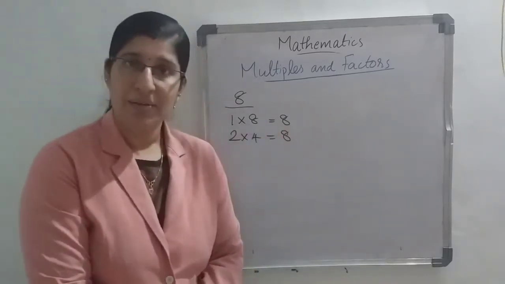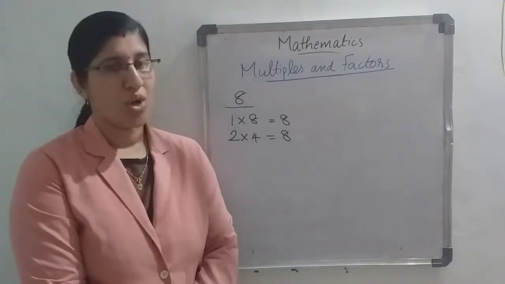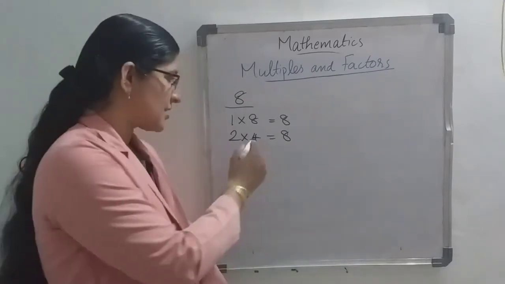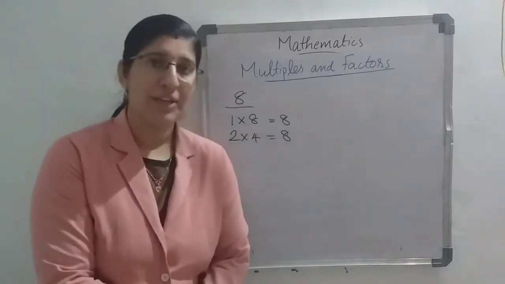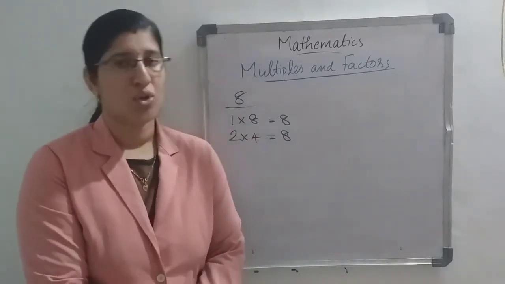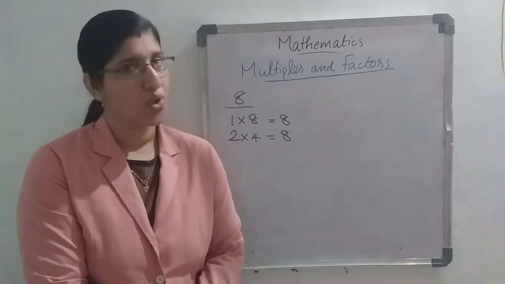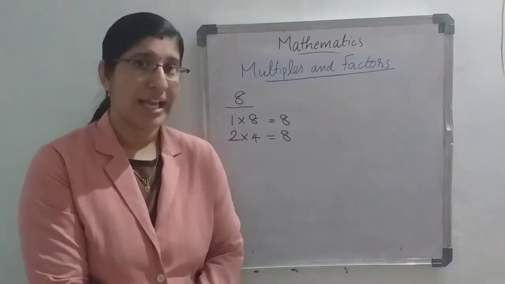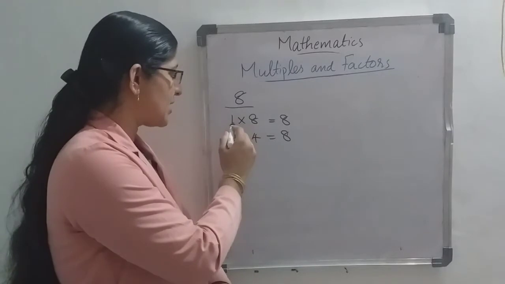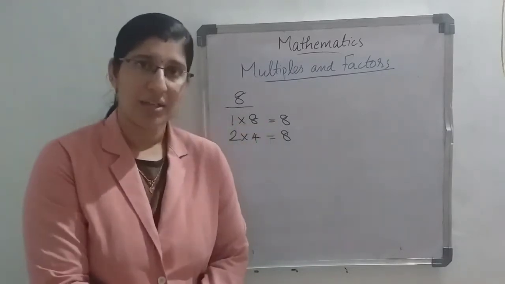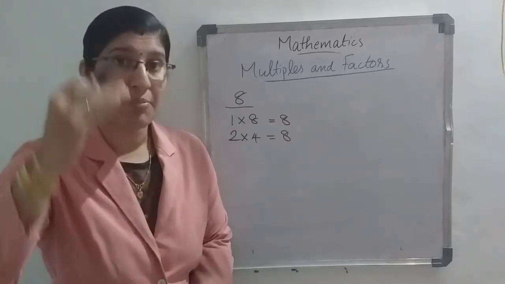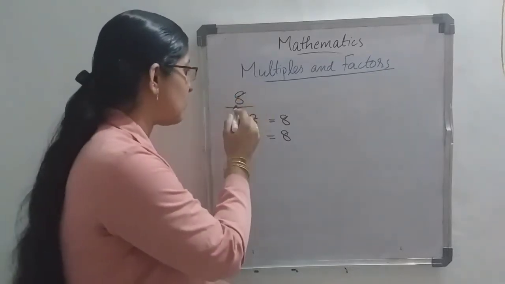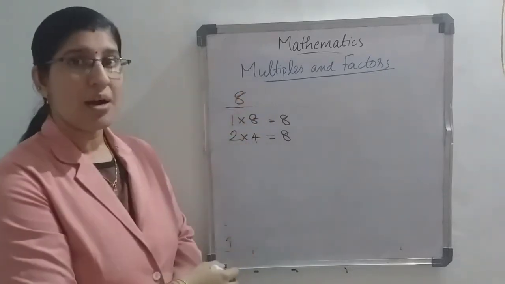In 3's table is there an 8? No. What about the 4's table? Yes, already we have written 4 2s are 8 and 2 4s are 8. Same. 5's table, is there any 8? No. 6? No. 7? No. 8? 8 1s are 8, that we already written. 9? No. So you need to look at all the multiplication tables in which the number comes as the multiple.